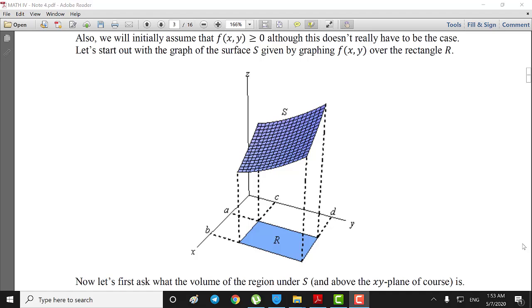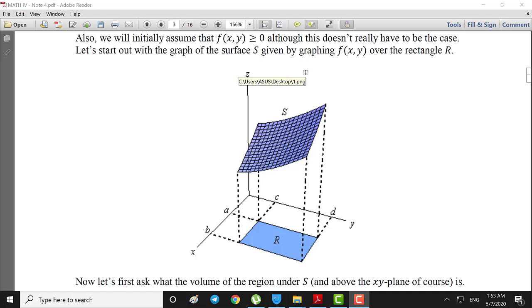We will also initially assume that our double variable function f of x and y is positive, just for the sake of simplicity and getting a clearer understanding, although this doesn't really have to be the case.